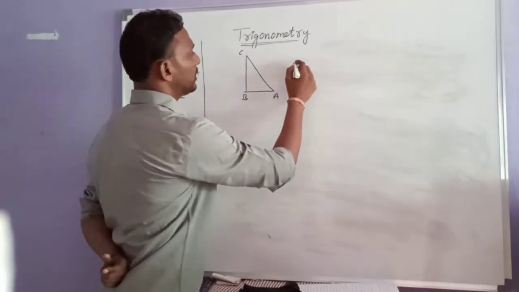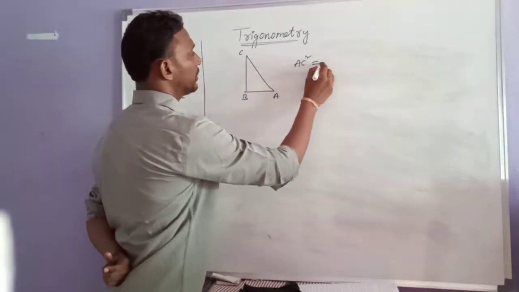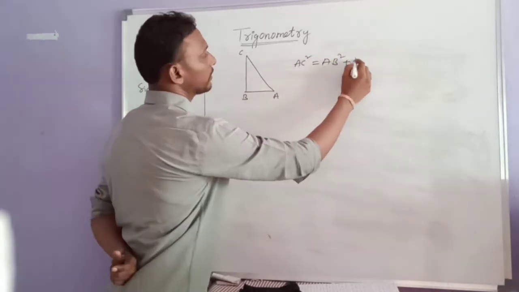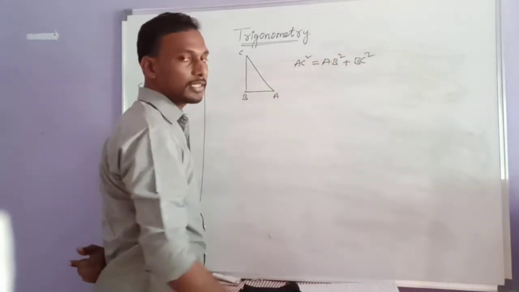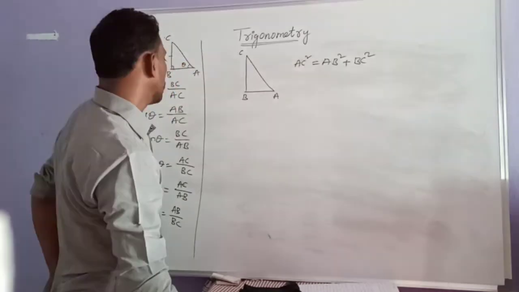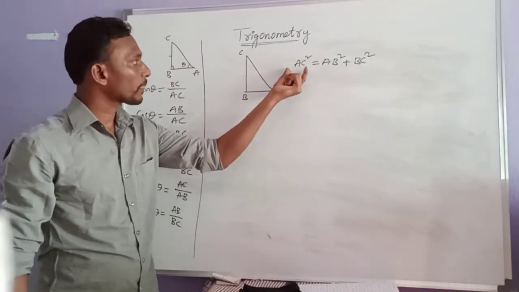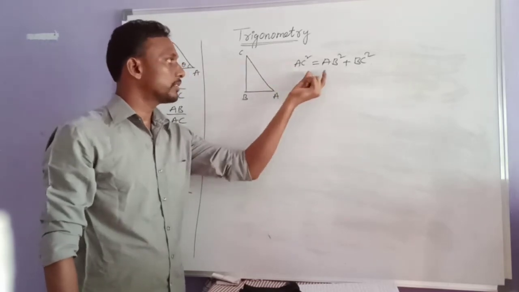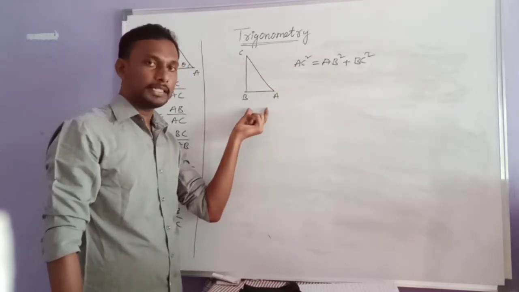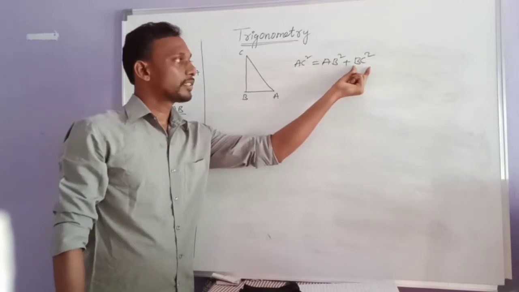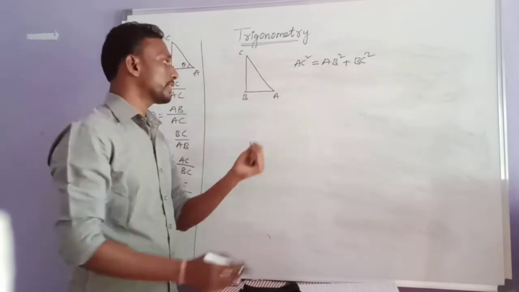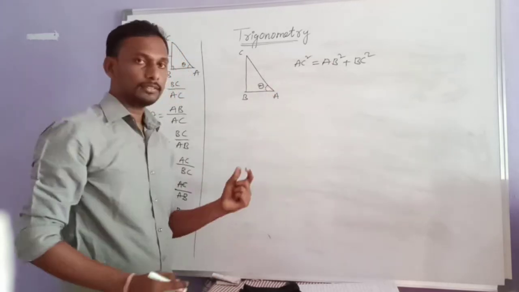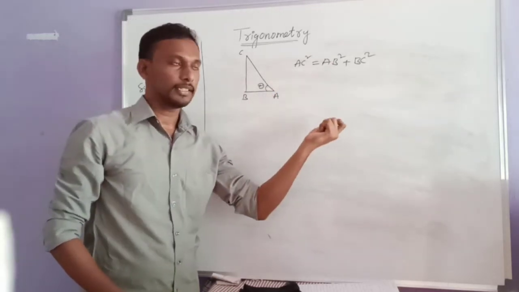So here hypotenuse AC square is equal to AB square plus BC square. Previously we considered theta at A, and according to that we are discussing here.